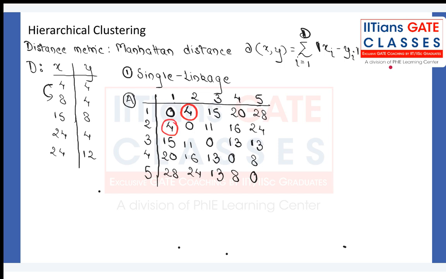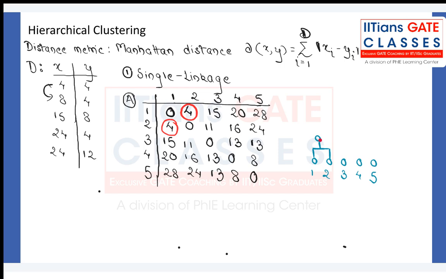So if you have the points 1, 2, 3, 4, and 5, first you are trying to merge 1 and 2. Why I write it like this, I will tell you.